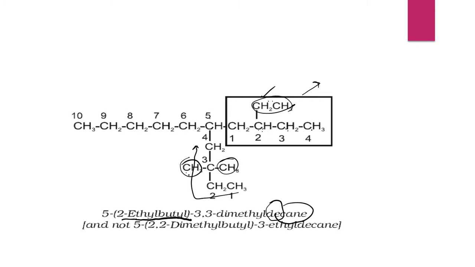Now this is 2-ethyl. So E comes before M. So I'll name this first. I'll specify the position 5, 2-ethyl butyl. Then 3,3. Now 3,3 is the position, and dimethyl, di because there are 2. So we have to tell the position as well as the number of substituents. Dimethyl and decane.